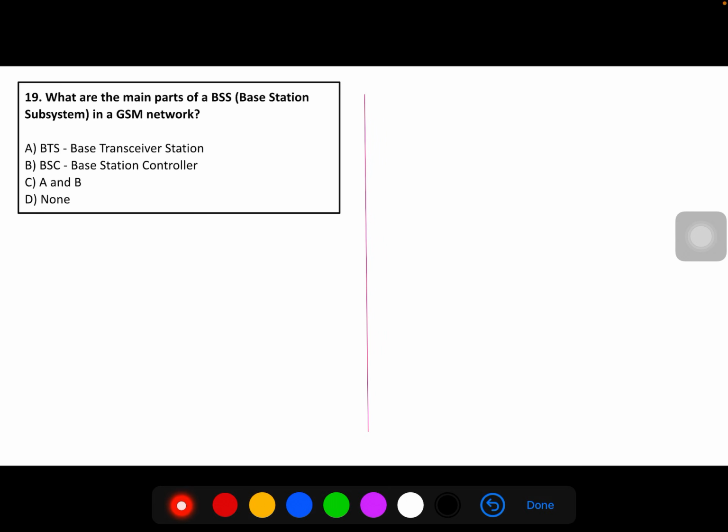Next question. What are the main parts of a BSS in a GSM network? BSS consists of two parts only, that is the tower part, that is BTS, and BSC, that means base station controller. So BTS and base station controller are the two parts included in the BSS. So C is the correct option, which states that A and B are the correct answers.